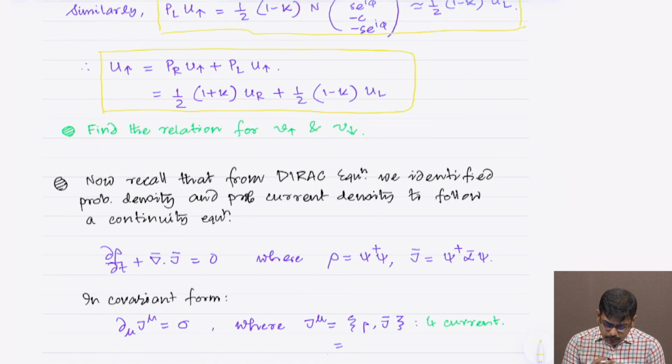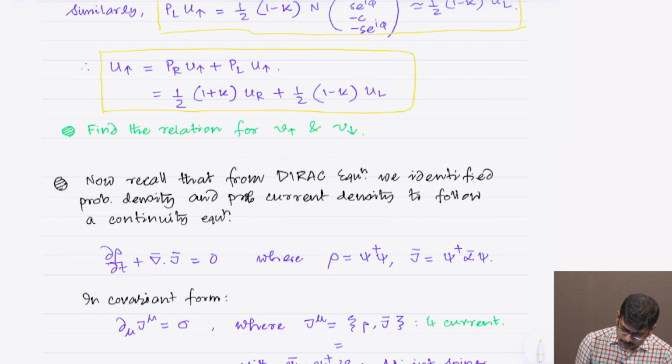I would like to also now remind you of something that we discussed in the beginning. We were writing the Dirac equation, and we identified the probability density and probability current density associated with the Dirac equation to follow a continuity equation, as you could do for the Schrodinger equation and for the Klein-Gordon equation.